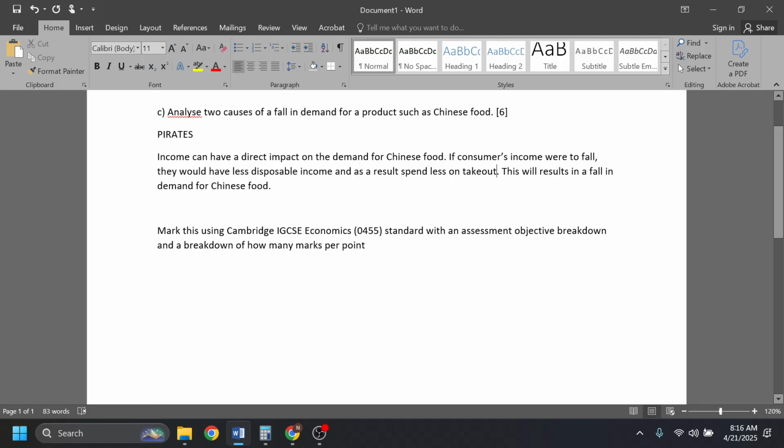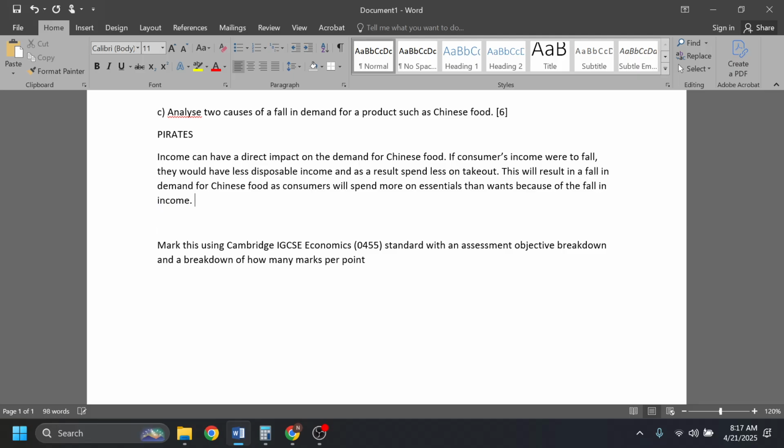This will result in a fall in demand for Chinese food, as consumers will spend more on essentials than, let's say, wants, because of the fall in income.